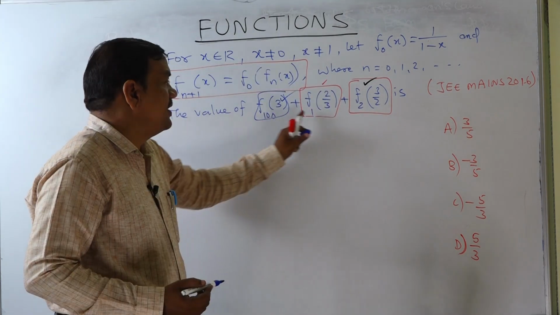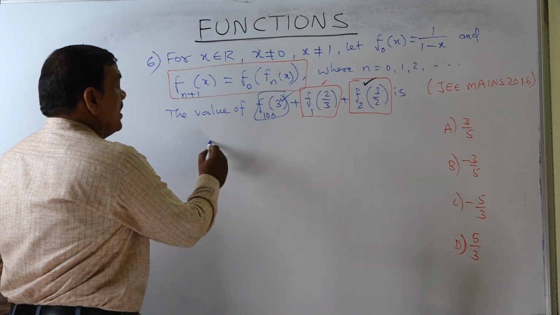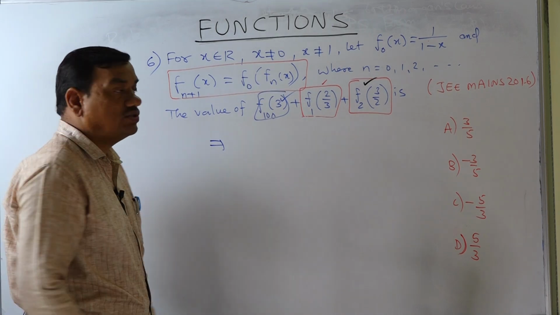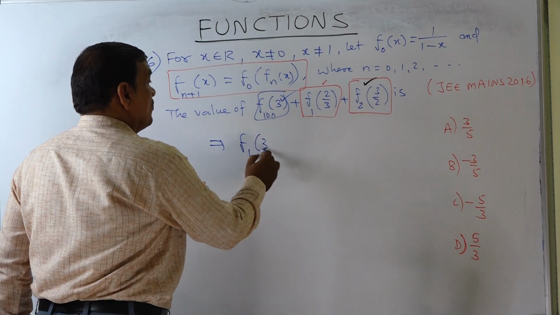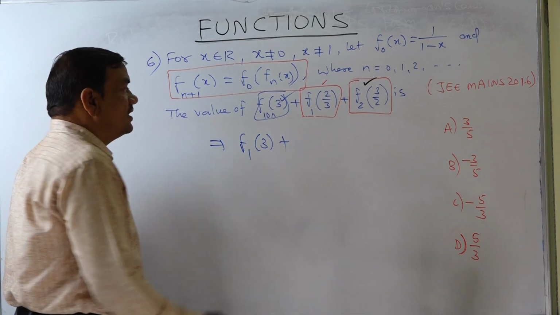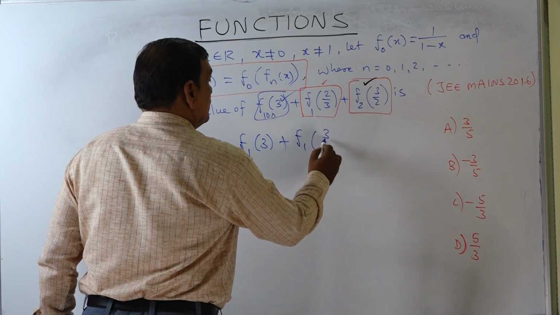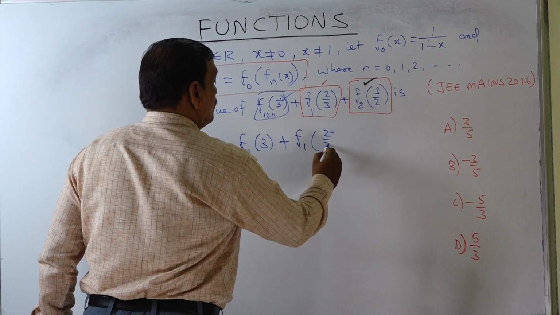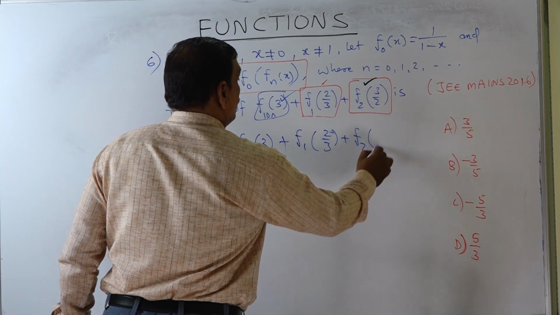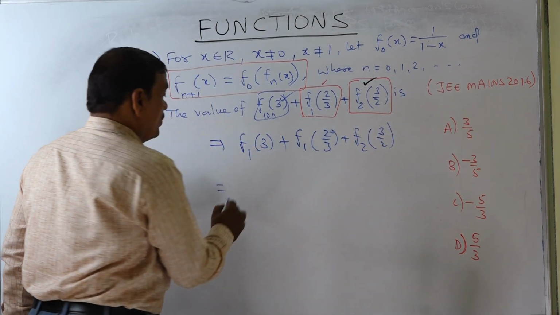Now coming to our problem here. f100 of 3 means f1 of 3 plus f1 of 2 by 3 plus f2 of 3 by 2, these values we are going to write.